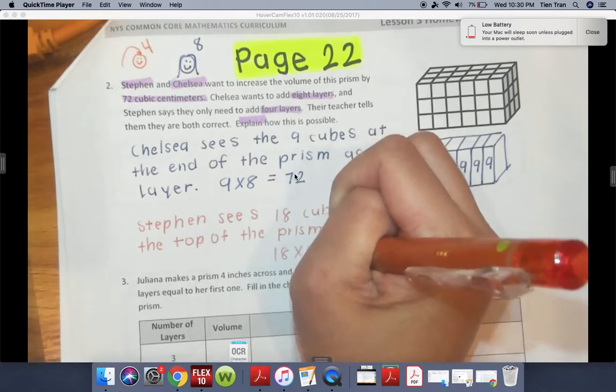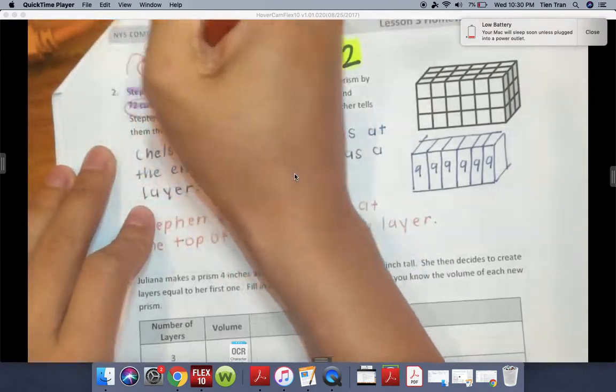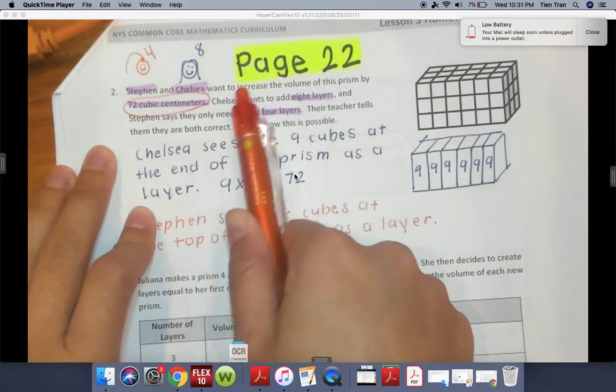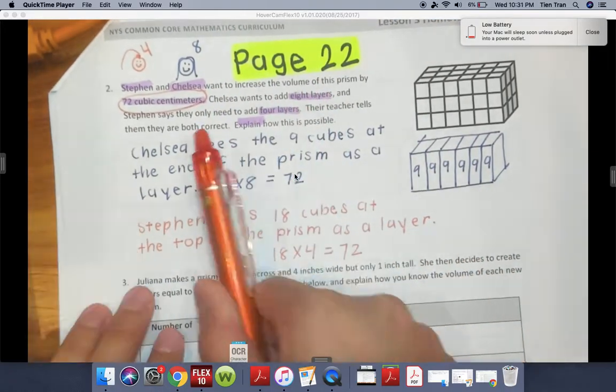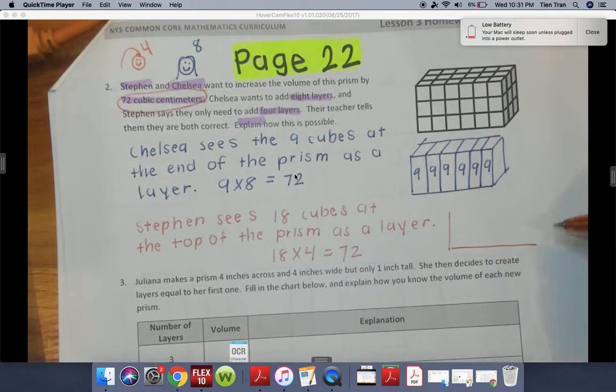So 18 times 4 is equal to 72. Notice the number is right there, 72. They already found your volume for you. It needs to equal 72. So this is how hers is going to look.